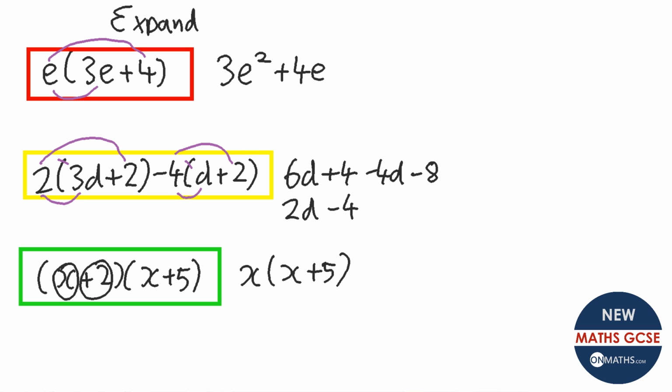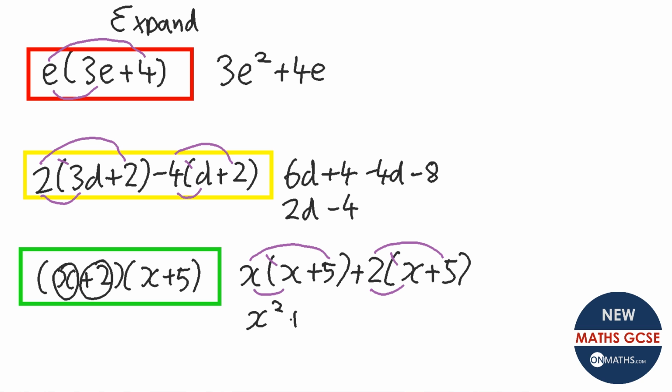And then the 2 there is going to have a go expanding the x plus 5. Okay, so let's get our smiles and rainbows in. So x times x, which is x squared, x times 5, which is 5x, 2 times x, which is plus 2x, and 2 times 5, which is plus 10.